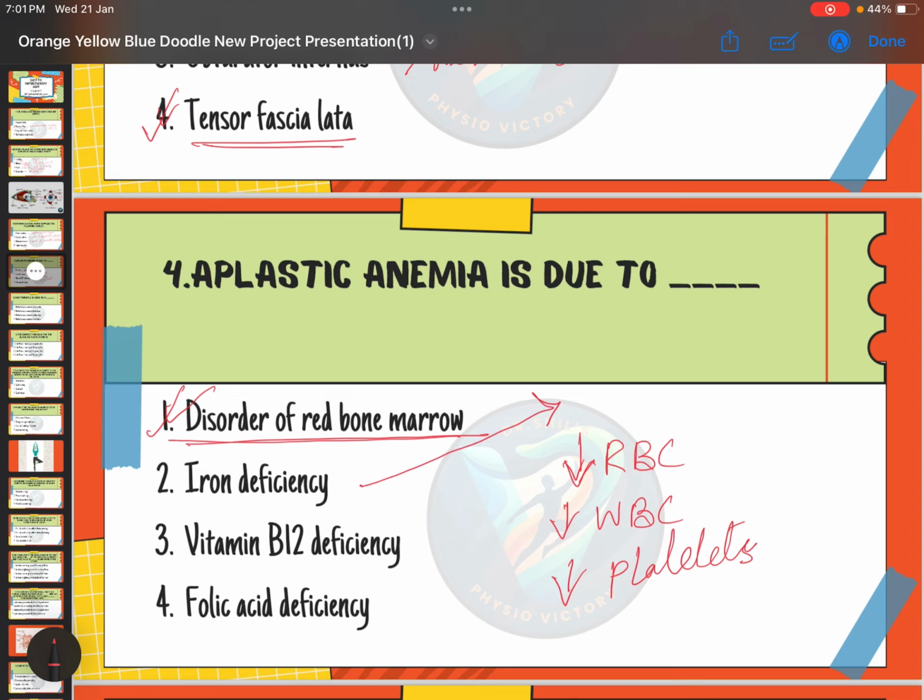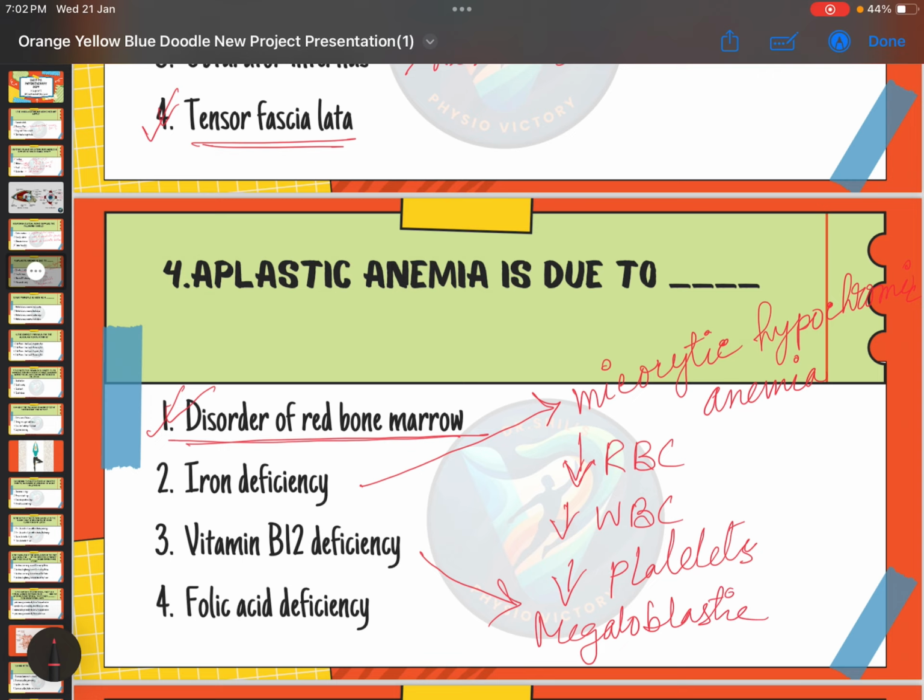Iron deficiency leads to microcytic hypochromic anemia. B12 deficiency leads to megaloblastic anemia, and folic acid deficiency also leads to megaloblastic anemia.